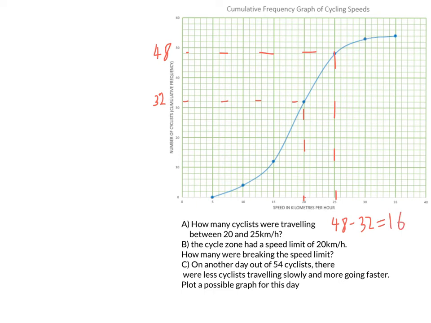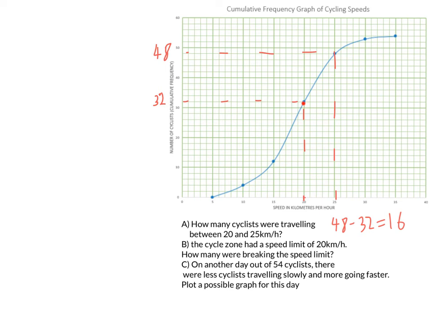Okay? Part B. The cycle zone had a speed limit of 20 kilometers per hour. How many were breaking the speed limit? So again, the key number is 20, and we go to 20 kilometers per hour, we can see there's 32 people there. Now what does that 32 mean? The 32 people means that those 32 people travelled 20 kilometres or less. The 32 represents all of these people here, travelling 20 kilometres or less.